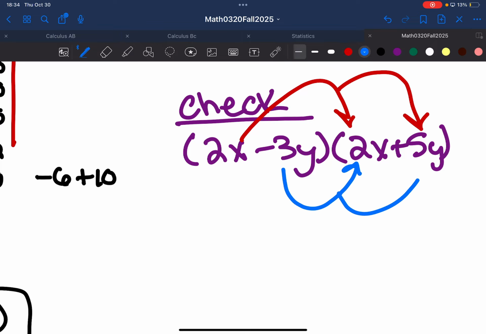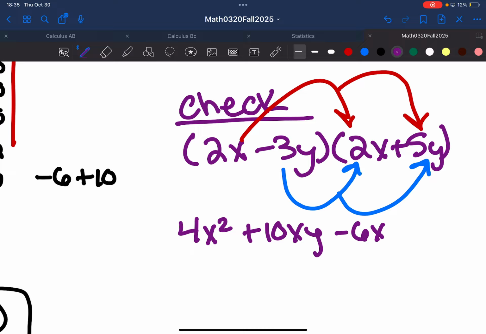So if I FOIL this, I multiply the first term into the second parentheses, and then I multiply the second term into the second parentheses, which means I get 2x times 2x, which is 4x squared, and then 2x times 5y, 10xy. Then I'm on the blue arrows now. Negative 3y times 2x, negative 6xy.